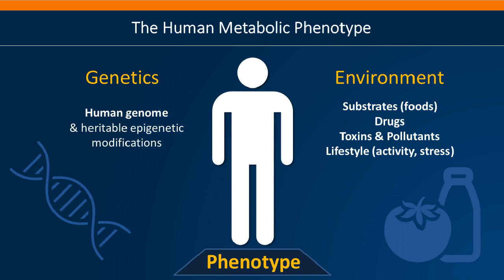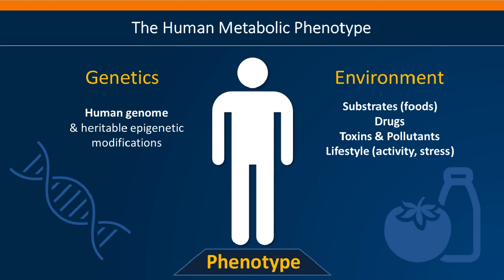I think this is generally well appreciated in the field now, but worth covering, that we as humans, as superorganisms really, have our own genetic blueprint, which establishes a part of our physiology. But also, as we go through life, we have a number of different environmental exposures that we're subjected to.